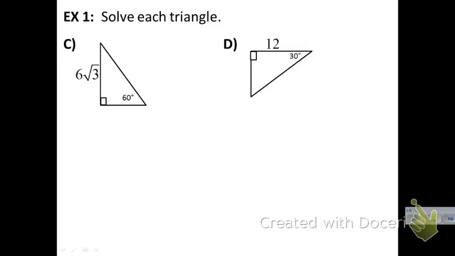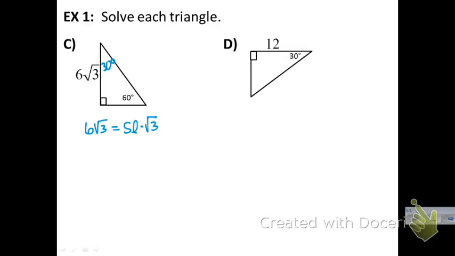Okay, on C, again, you want to find that missing angle, and we know that it is 30. And then you're going to identify the piece that's given. This piece that's given is opposite the 60-degree angle, so we call that the long leg. So we're going to use the formula that says the long leg, in this case 6 root 3, is equal to the short leg times root 3.